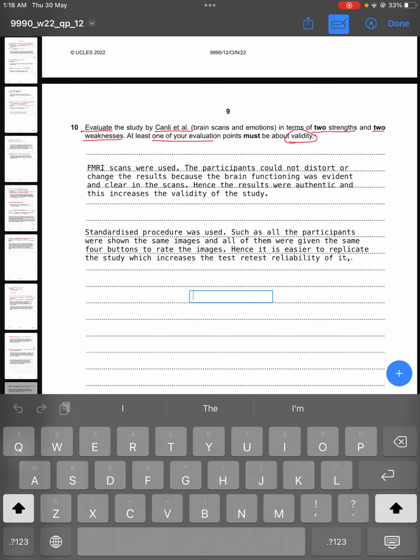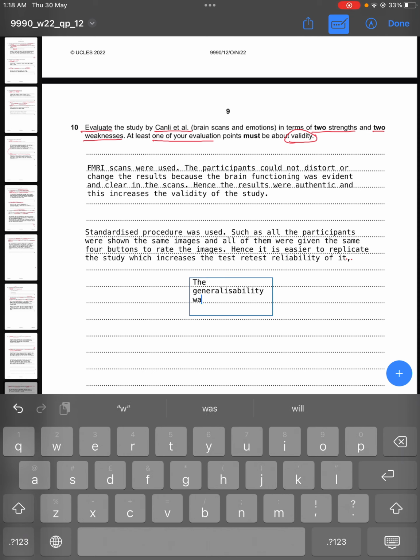Then for the weaknesses, you can write that the generalizability was very low. Why was it low? Because only females were used in this study. Only 10 females were used.